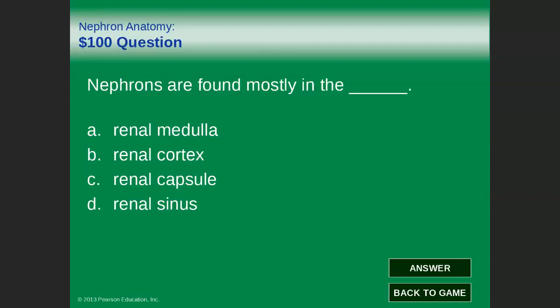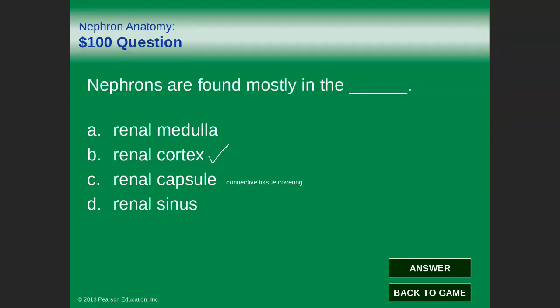Medulla, cortex, capsule, or sinus? They would be in the renal cortex. The capsule is just your connective tissue covering. But it'd be the renal cortex.